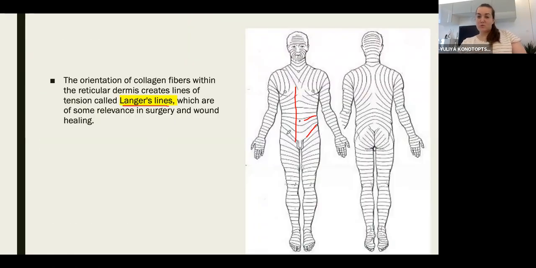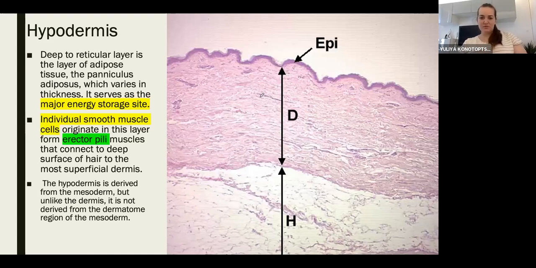That's why you take out the appendix like this. Your scar for appendix is here. Even though it's much more useful to cut like this, for aesthetic reasons they cut it this way, along the Langer's lines, so you can heal better.